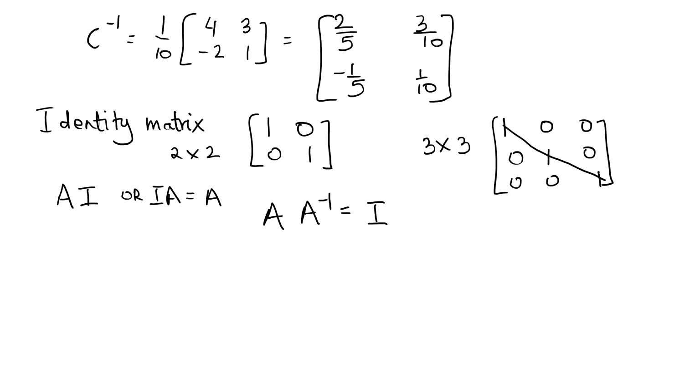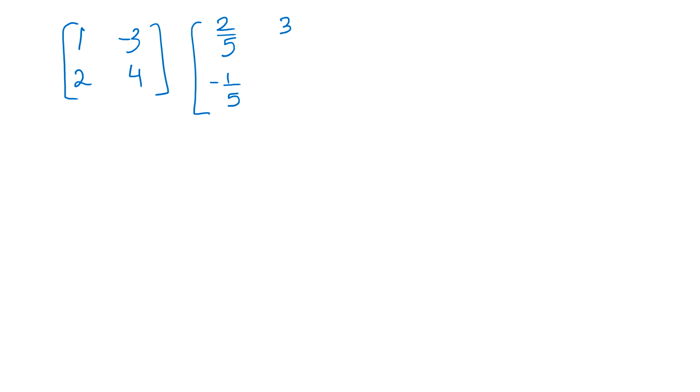So in the case of our example, if you were to multiply the matrix C, 1, 2, -3, 4, by the inverse, 2 fifths, -1/5, 3 tenths, and 1 tenth. In fact, let me just use a fresh page.